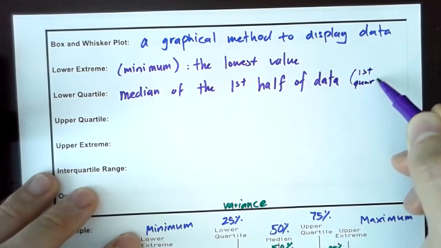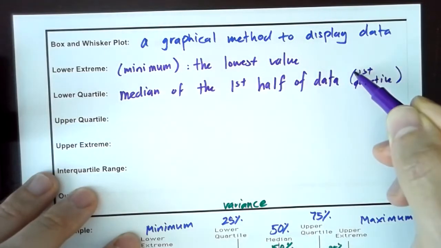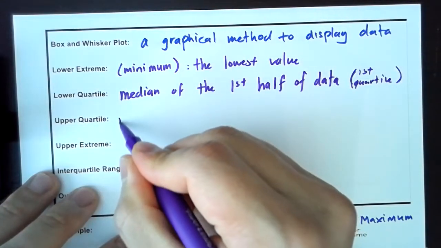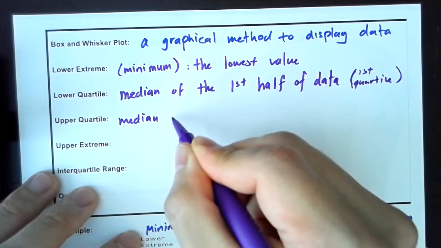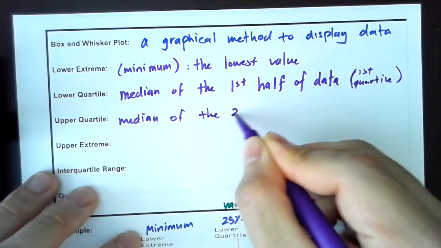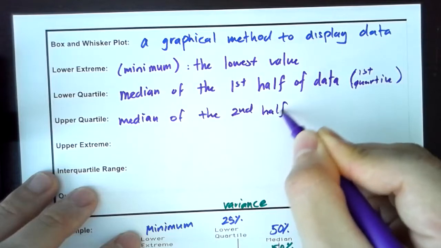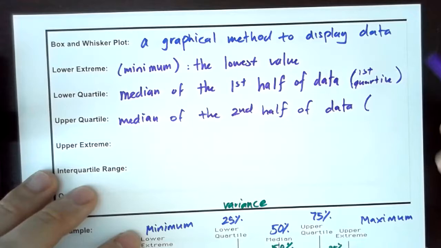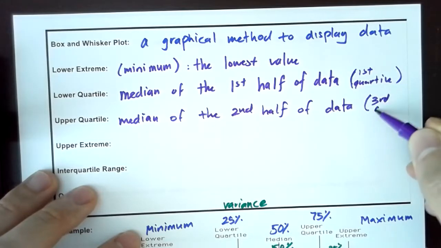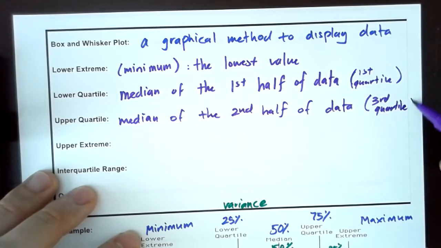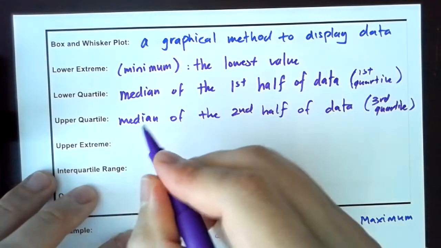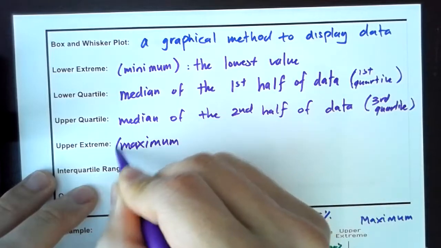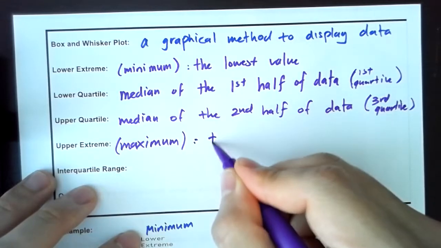Quartile just means the first fourth. Quart means fourth. The upper quartile is the median of the second half of data, which is kind of like the third quartile, the third quarter. The upper extreme is the maximum value. It's the number one score, the highest value.